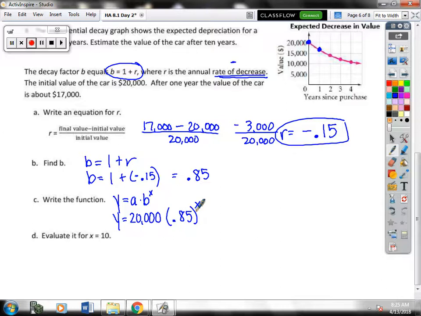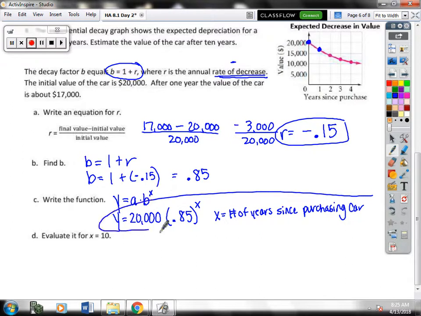And x would be standing for the number of years since you purchased the car. So this one is kind of defined for you because it's in the graph.